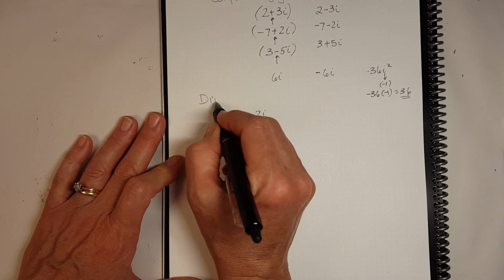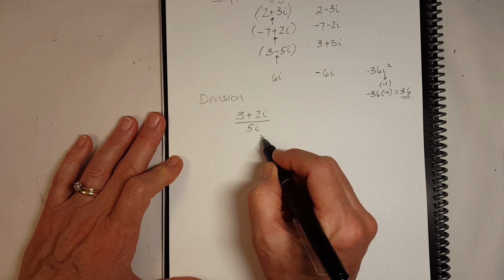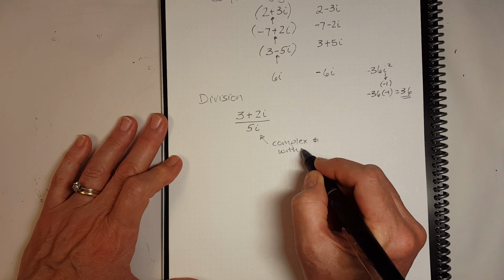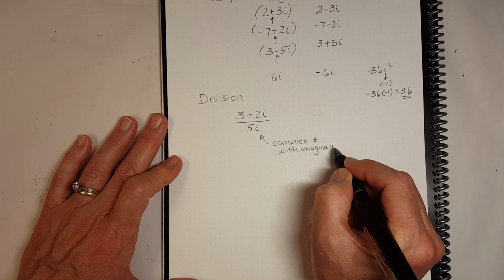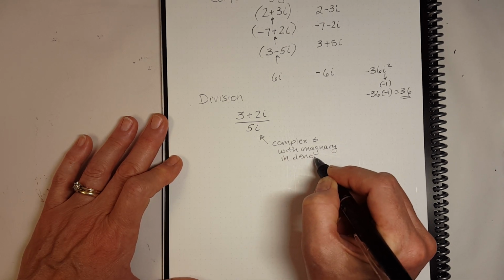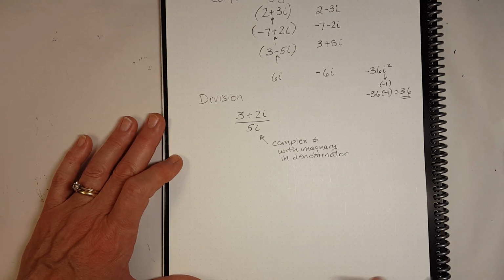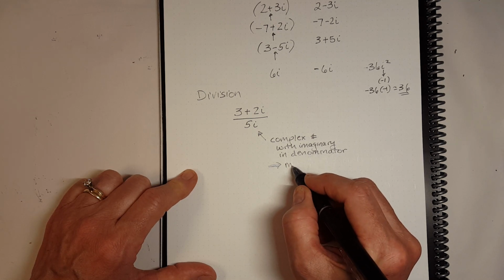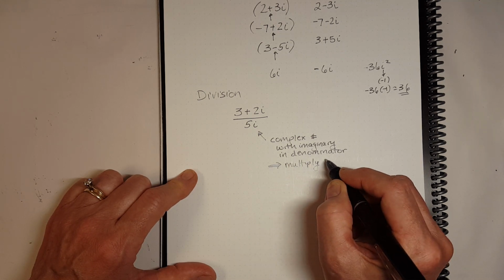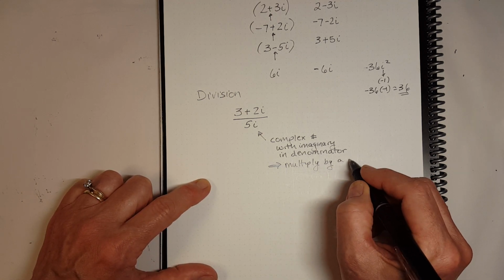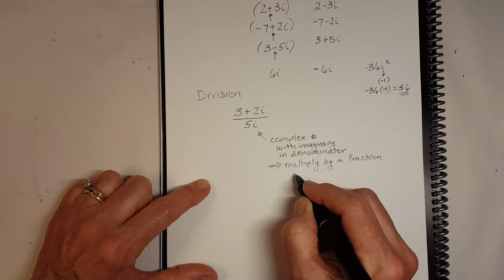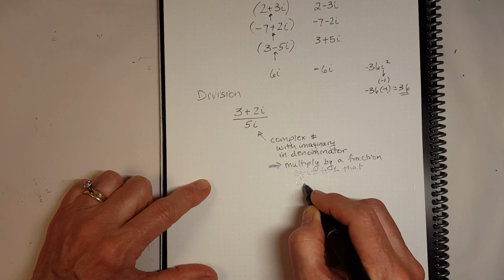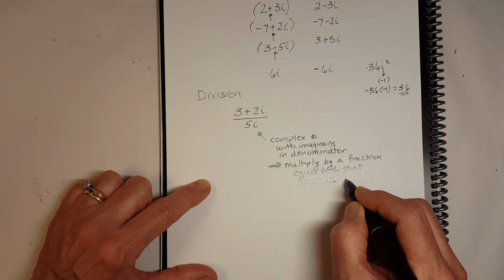When you're doing division problems with complex numbers, if your complex number, your imaginary part, is in the denominator, then the division is going to feel more like multiplication, because what you're going to do is multiply by a fraction that's equal to 1 that eliminates the imaginary parts from the denominator.